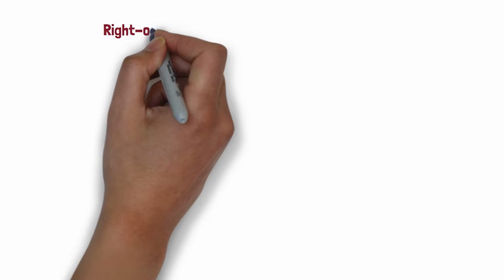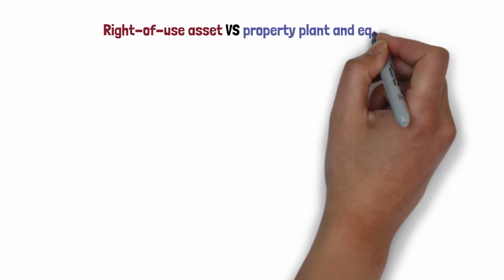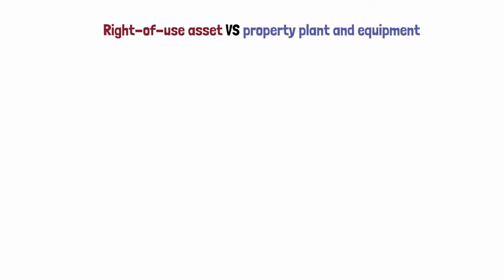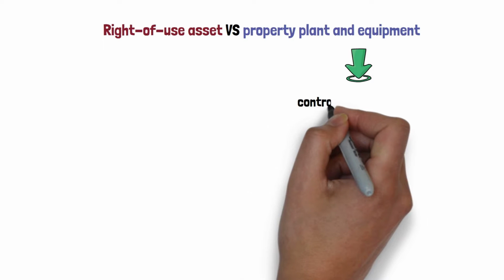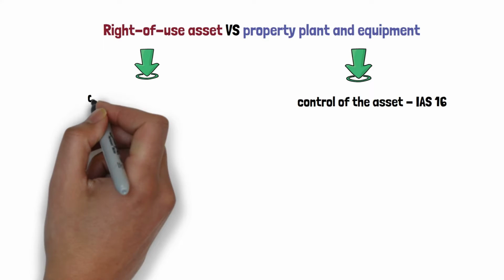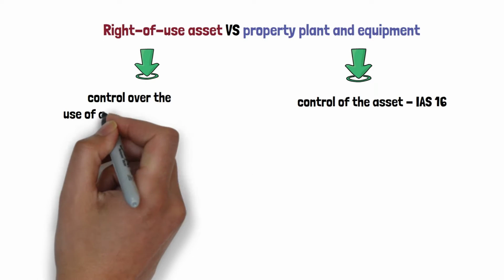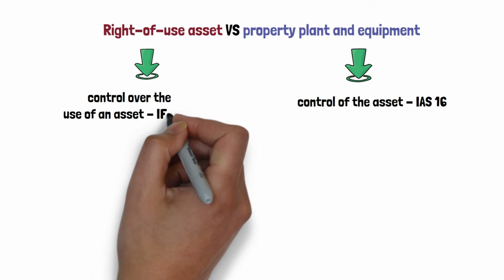Continuing with the analysis, what is the difference between a right-of-use asset and property, plant, and equipment? With property, plant, and equipment, an entity controls the asset, while with a right-of-use asset, an entity has control over the use of an asset for a specified period.